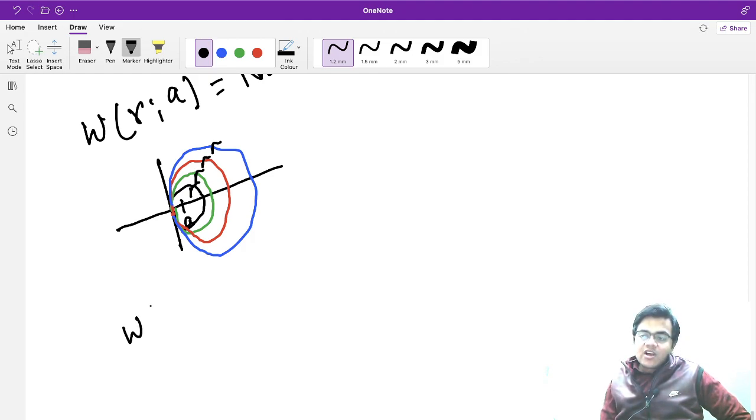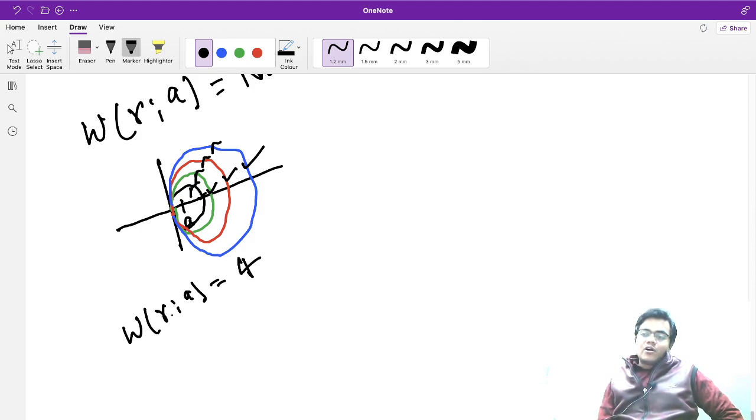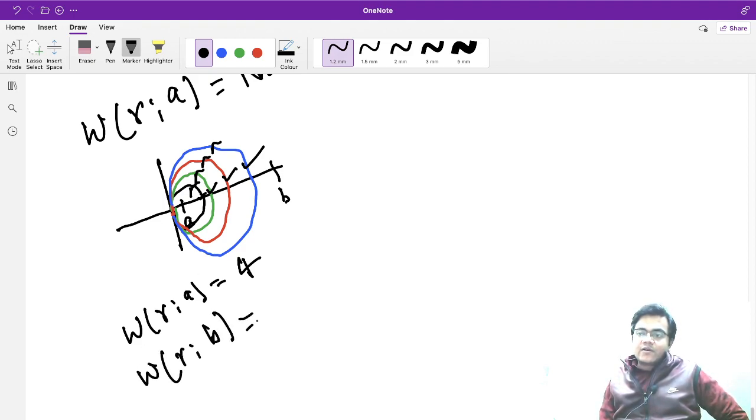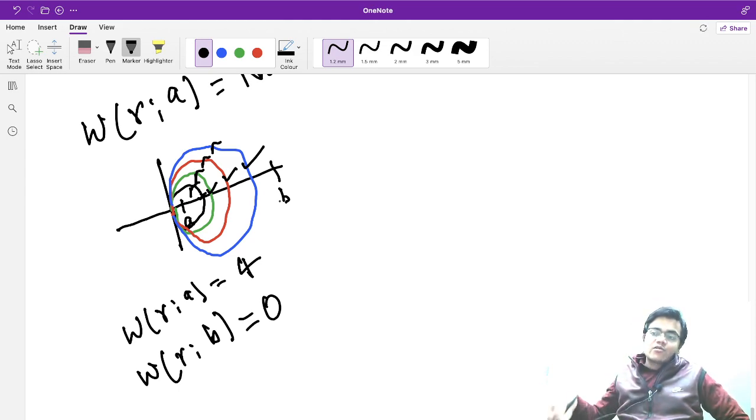What will be the winding number of this point A with respect to these curves? You can see how many curves there are: 1, 2, 3 and 4. So the winding number of gamma with respect to A is 4, because the curve revolves around it 4 times. If your point is over here, let's say B, then the winding number of gamma with respect to B will be 0, because this point is outside the curve.